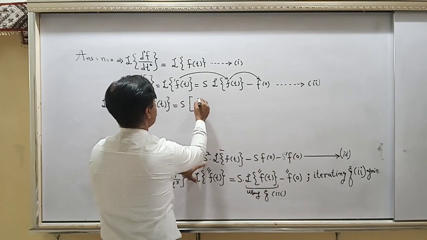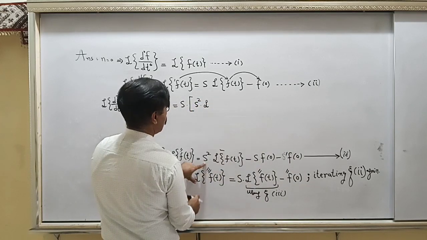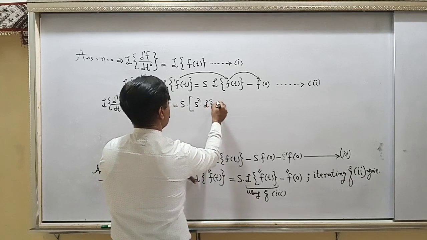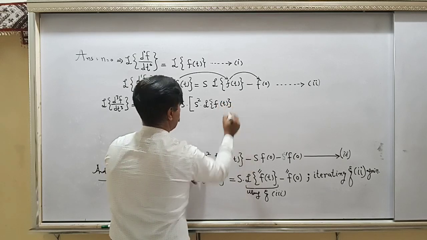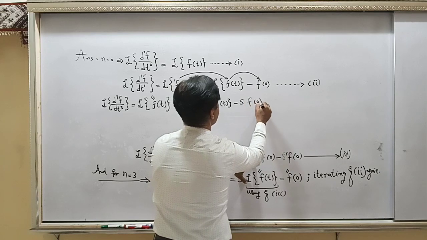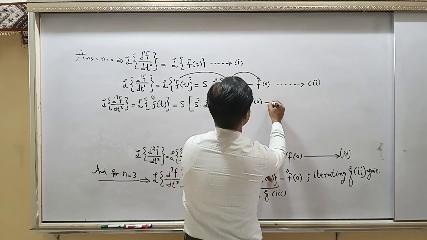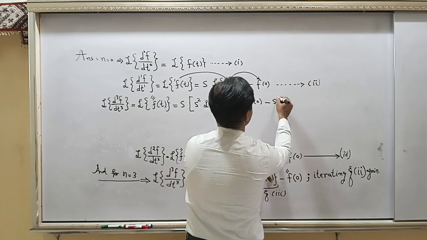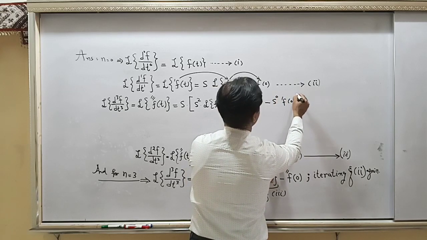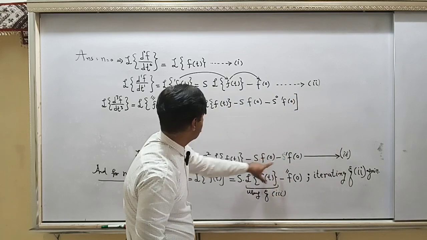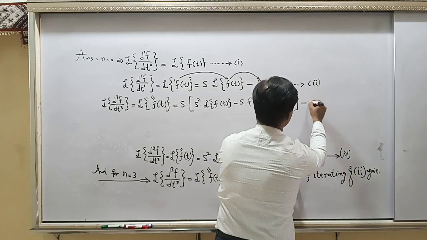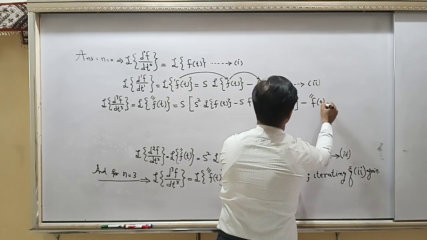It is s square into the Laplace transform of f(t), minus s into f(0) and minus s^0 into f prime 0, right? This is for L of f double prime, and in the end you have minus f double prime 0.